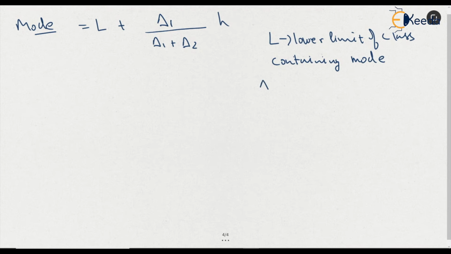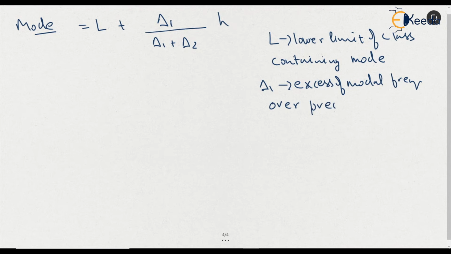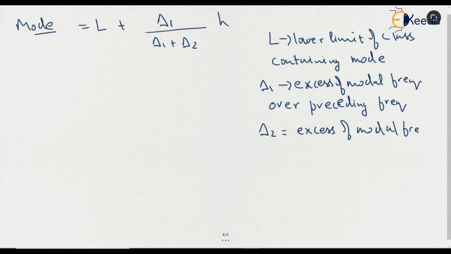Del 1 is the excess of modal frequency over preceding frequency, we'll see what this is, and del 2 is the excess of modal frequency over following frequency.